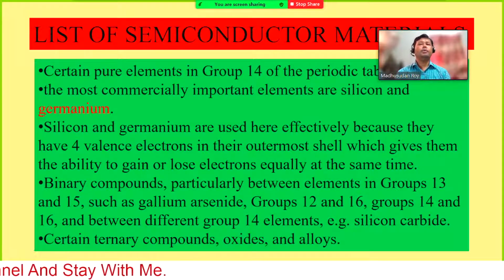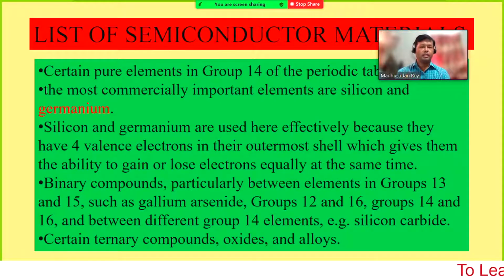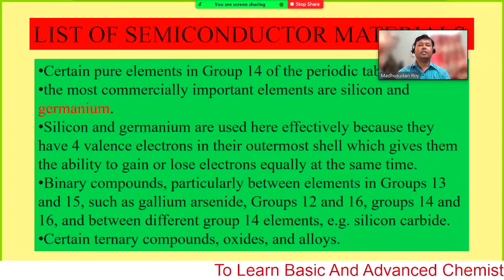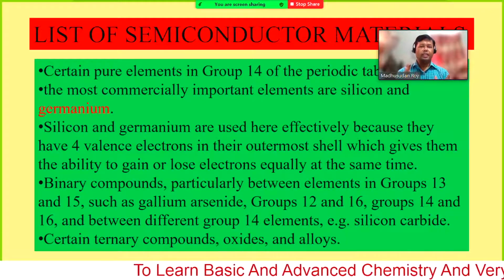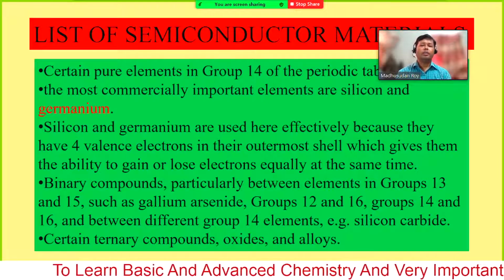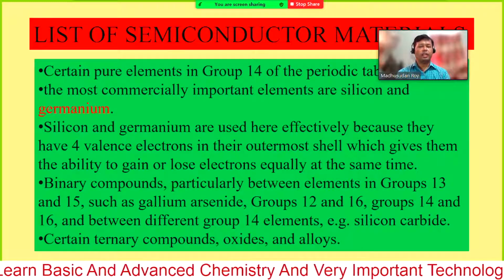Sometimes you can have group 14 elements with group 2 elements, that means they have 2 electrons in the outermost shell, or group 16 elements, so they have 6 electrons in the outermost shell. So in that way you can have the possibility to share 4 electrons.